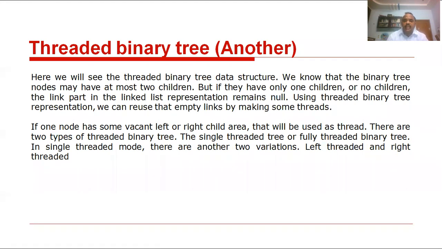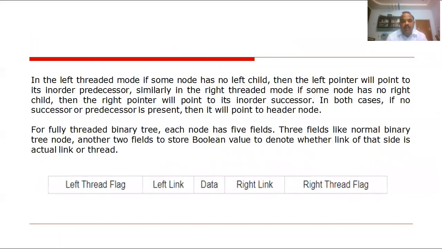One is single threaded binary tree and the other is fully threaded binary tree. The single threaded binary tree is further divided into types. The first one is left threaded binary tree, and the second one is right threaded binary tree. This is an example.